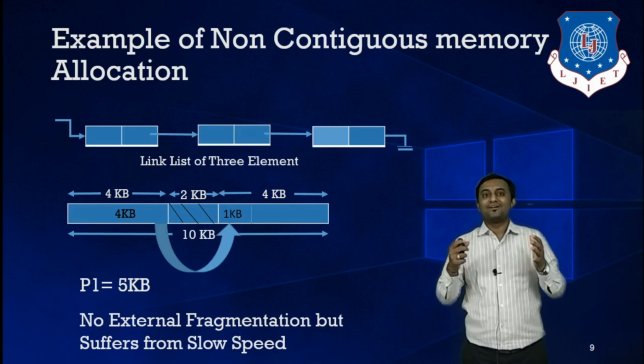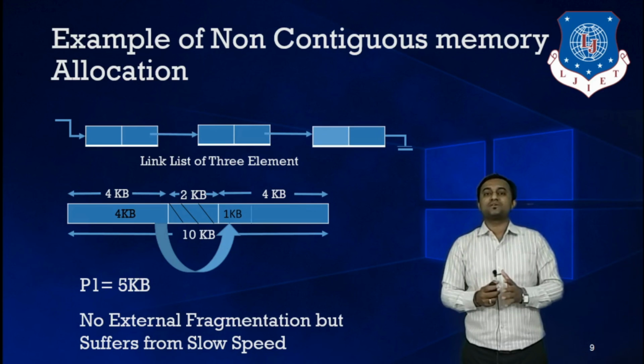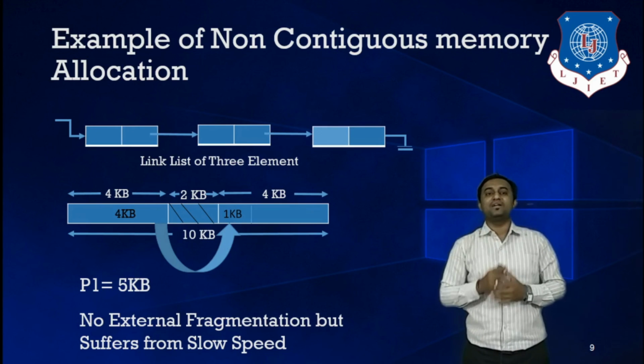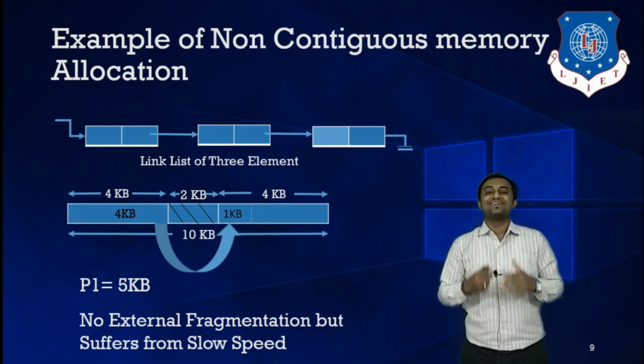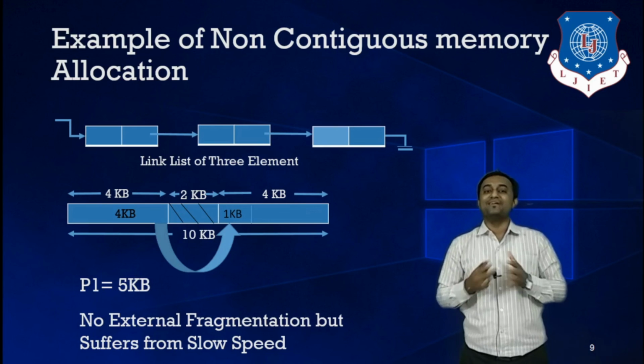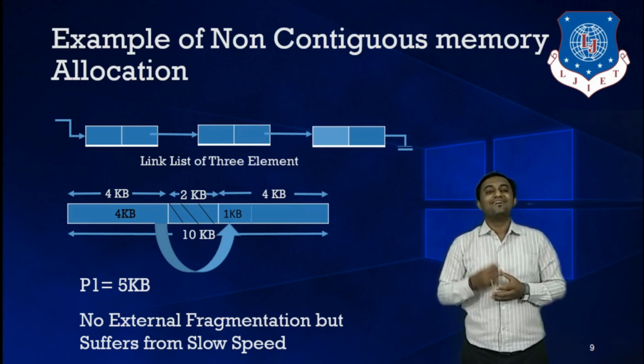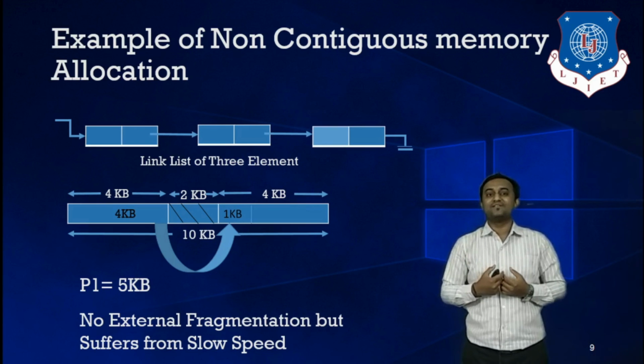So what are the advantages and disadvantages of non-contiguous memory allocation? Non-contiguous memory allocation never suffers from external fragmentation. This is a very big advantage. But simultaneously, it suffers from slow speed, because we do not have the address of all the nodes with us.